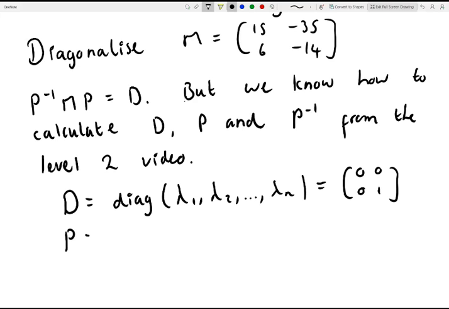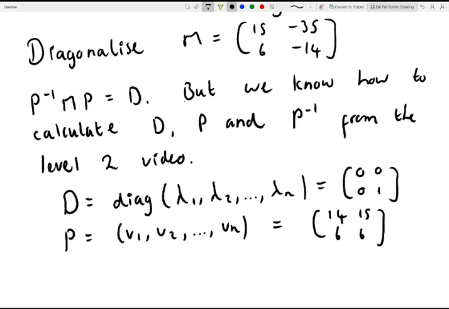And P is the matrix whose columns are the eigenvectors v1, v2, all the way to vn. Of course, n is still 2. So it's the 2 by 2, 14, 6, and 15, and 6. And P inverse is just the inverse of this matrix above.